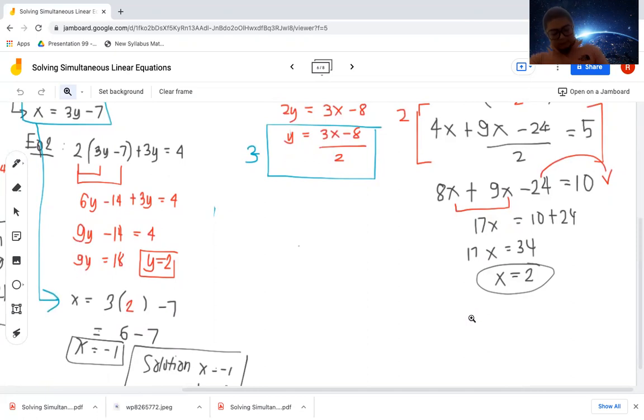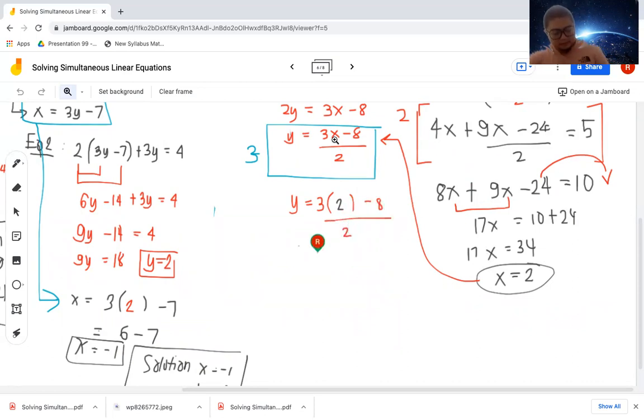The best way for us to solve for the value of y is to go back to equation number 3. So if this is equation number 3, we now know that all we need to do to get the value of y is to substitute this value of x to that particular variable x there. So this will now give us a calculation of y is equivalent to 3 times the value of x, which is equivalent to 2, minus 8 over 2.